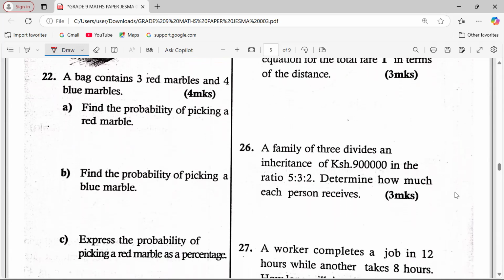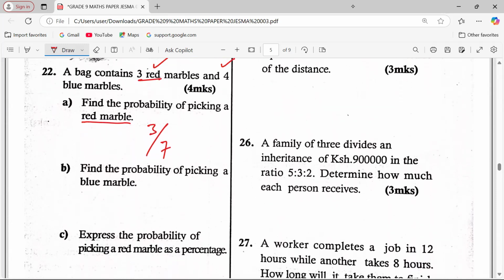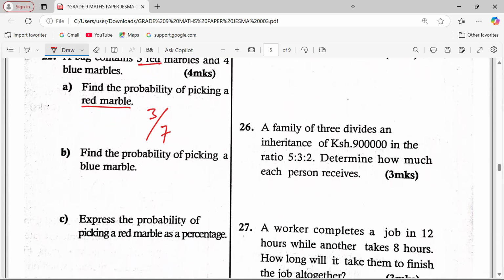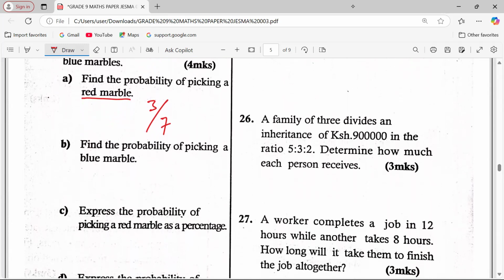Red marbles, remember, are 3. Divide by all possible chances, which are 3 plus 4. So we'll talk about 7. So 3/7 is the probability of picking a red marble.